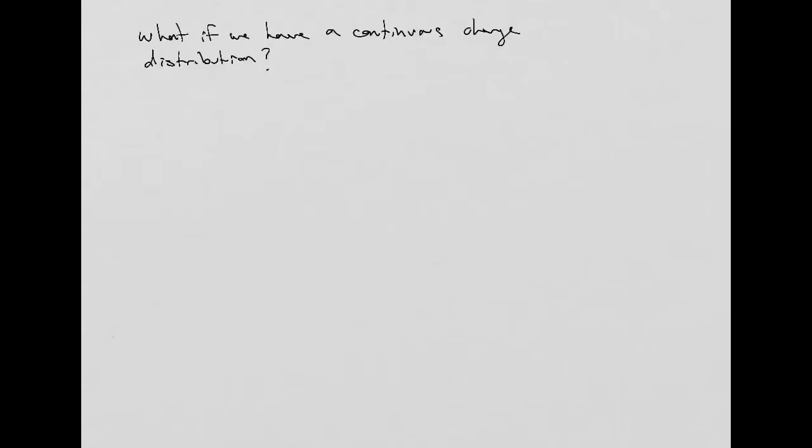So let's assume we have some blob of charge, Q. We want to know what is the electric potential at this point, a distance, it doesn't matter what the distance is. So this is going to work the exact same way that it did with the electric field case.